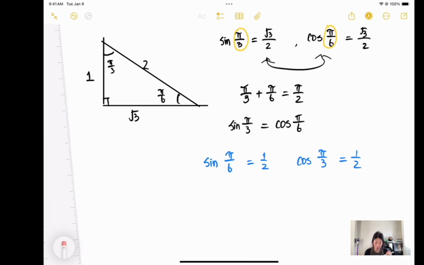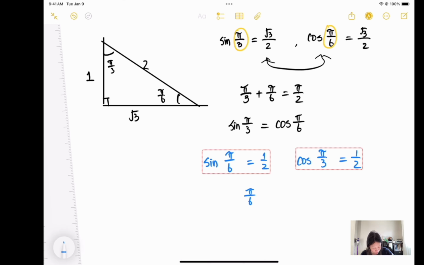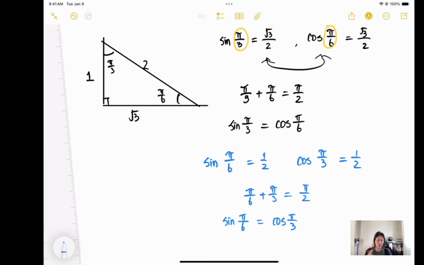So in here, it's the same. Pi over 6 plus pi over 3 equals half pi, which makes these two angles complementary angles. And the sine of one complementary angle is equal to the cosine of the other complementary angle.